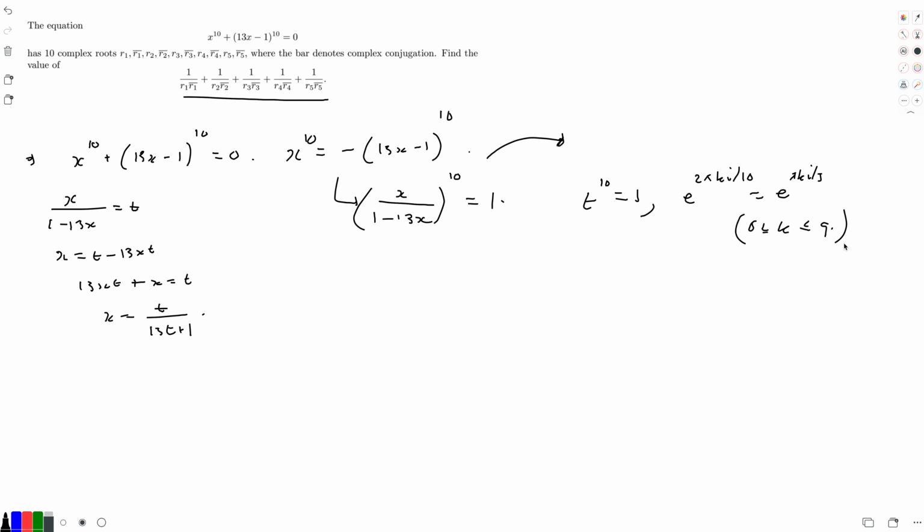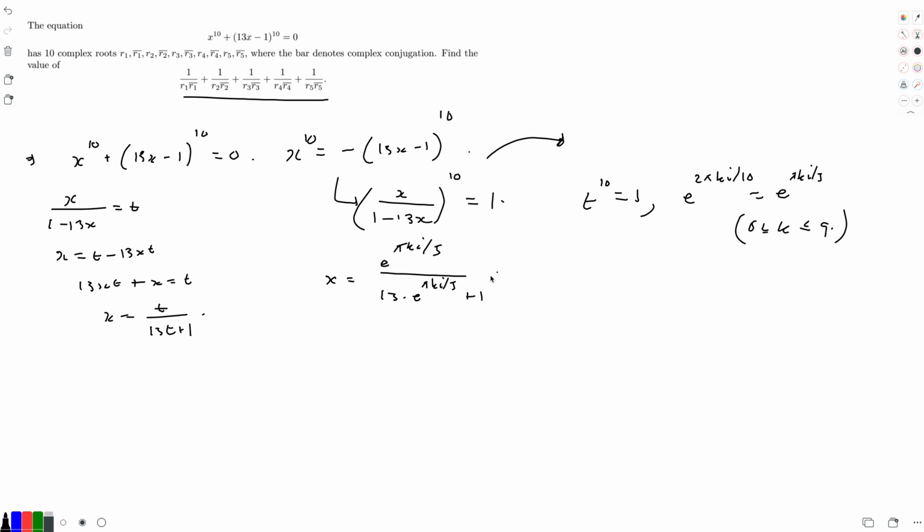Okay, great. So now we know that our roots are going to be of the form e to the pi k i over 5 over 13 times e to the pi k i over 5 plus 1. Alright, good.